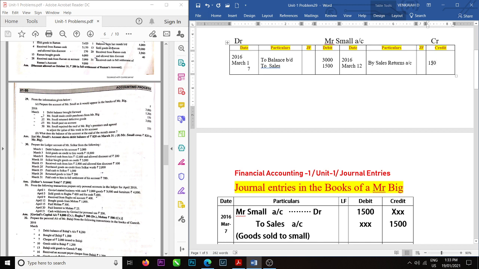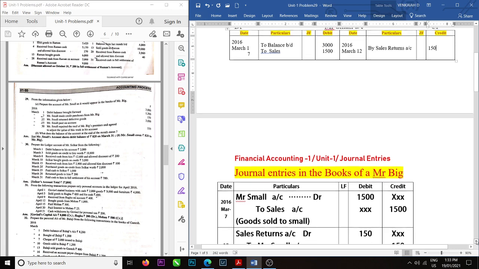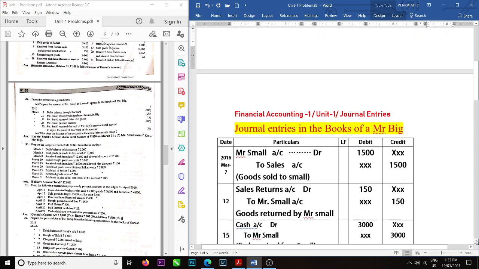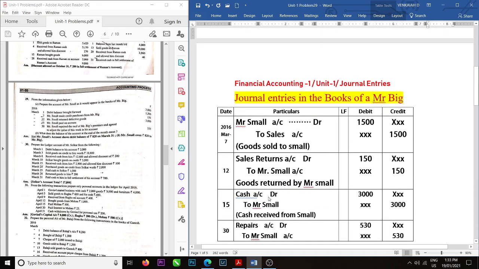Right. Mr. Small paid on account. Mr. Small paid, we received. So cash account debit, get the entry. 15th date entry. Cash account debit to small account. Small account is showing credit. We have to take the debit account name, that is cash.